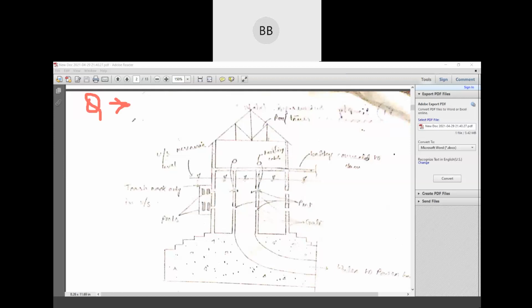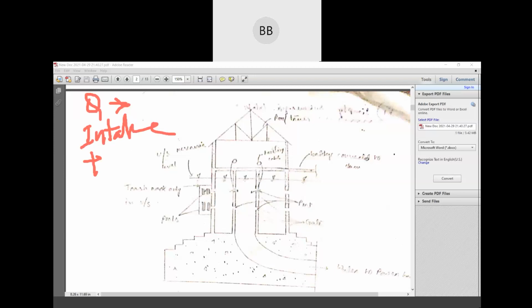So in addition to the purpose of the intake structure, it also reduces the fluctuation level in the reservoir.